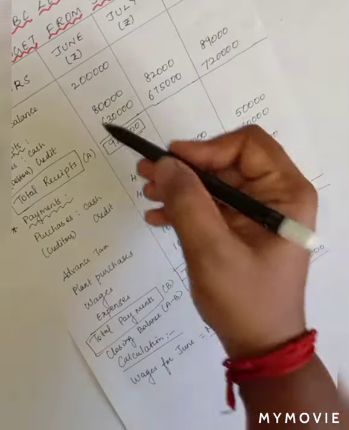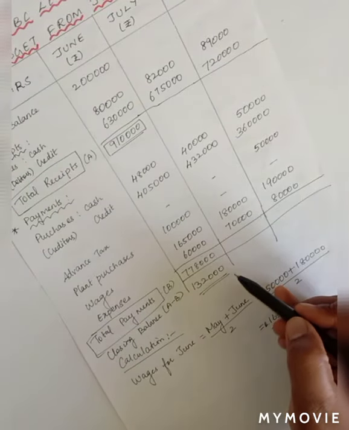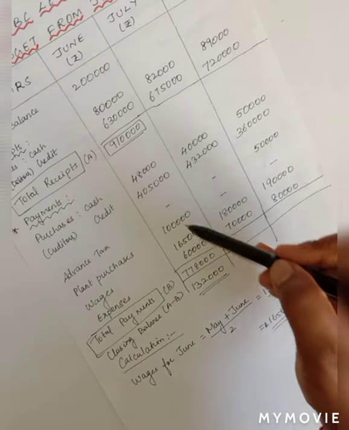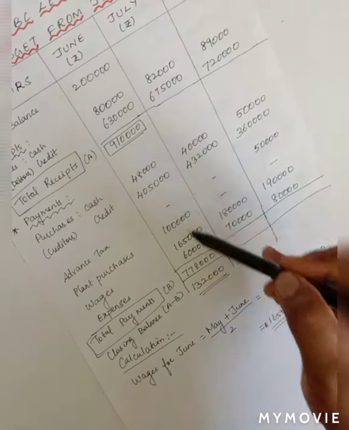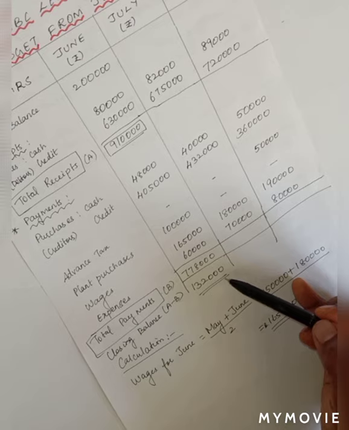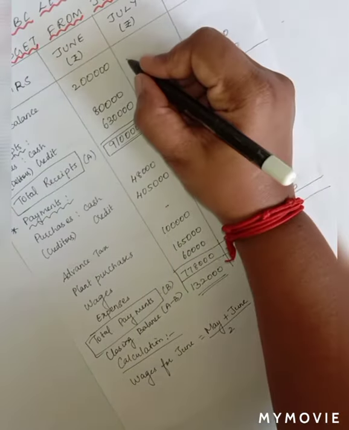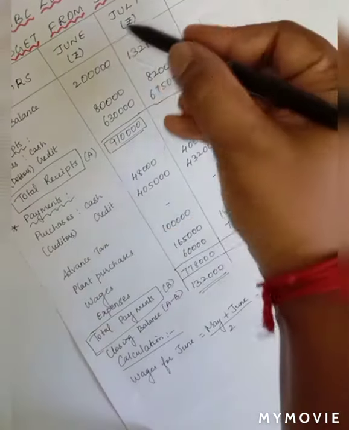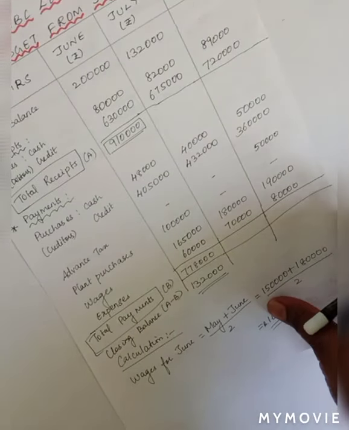This is the closing balance for the month of June. You have added up all your receipts, you have added up all your payments, you have found the difference, and the difference is surplus. So 1,32,000 is a positive figure, so it is surplus. This will be the opening balance for the next month.